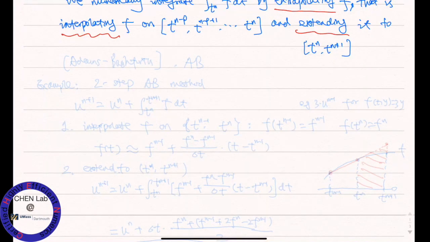So another way is that this approach is called Adams-Bashforth. Here you are interpolating f.